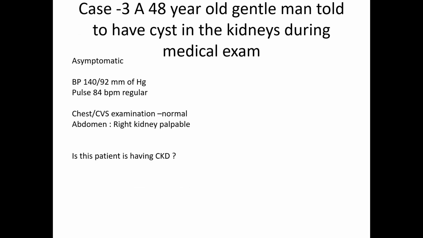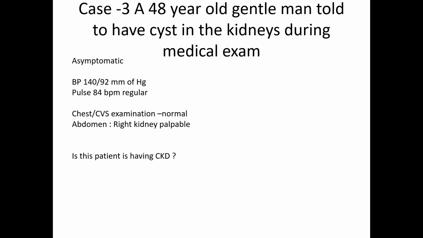Then another patient, a 48-year-old gentleman, told he had a cyst in the kidney during a medical examination. He underwent ultrasound. Also, they told him there is some cyst in the kidney. Otherwise, he's totally asymptomatic. Blood pressure 140 by 92 millimeter mercury.